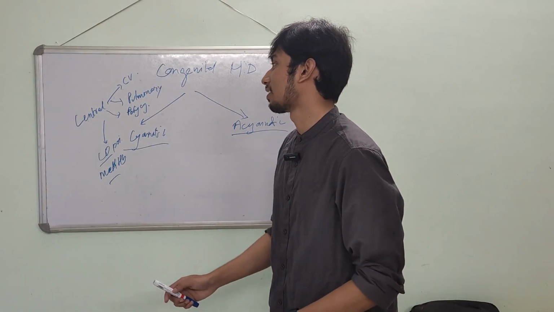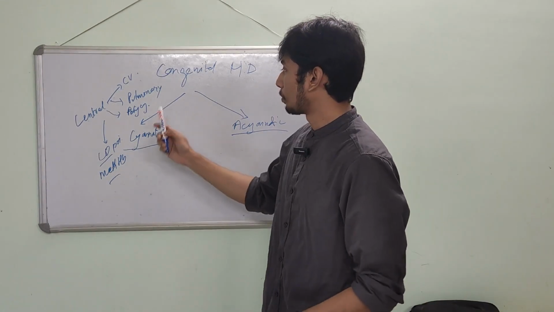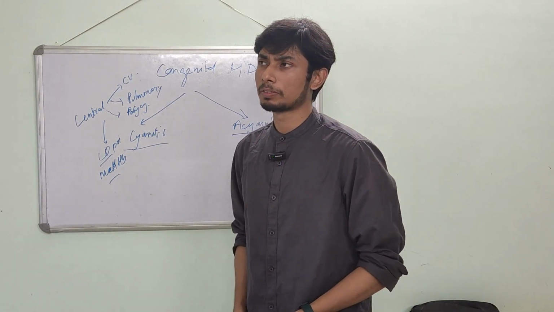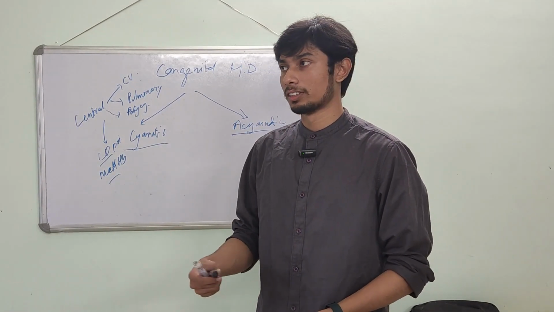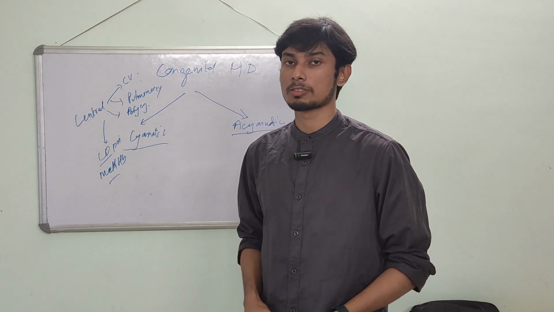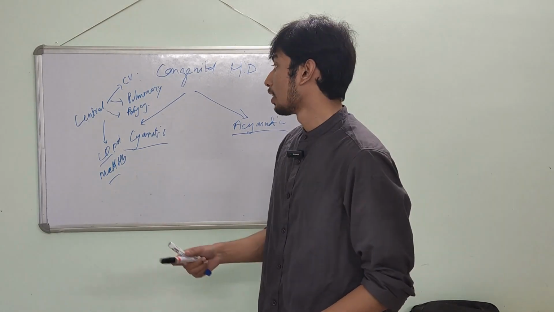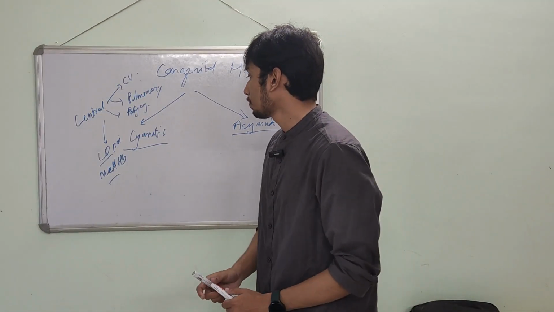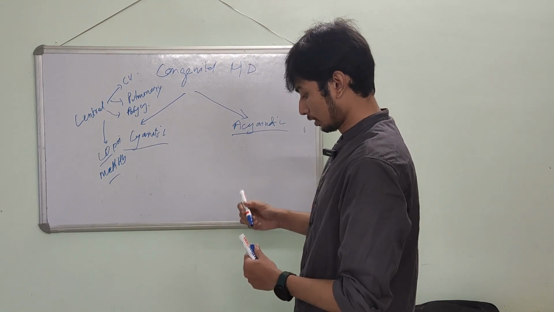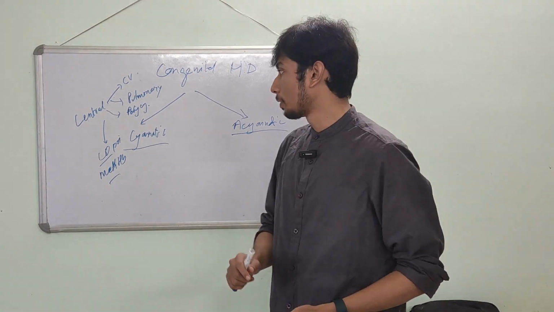Now pulmonary causes: there might be various, for example the most common, pneumonia, asthma, or bronchiectasis. These may cause central cyanosis. That was almost all about cyanosis.